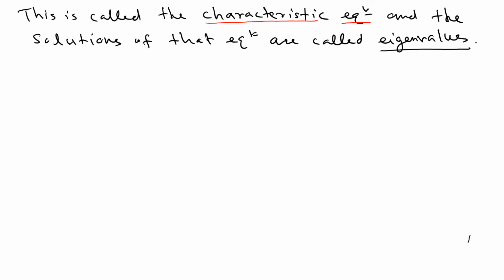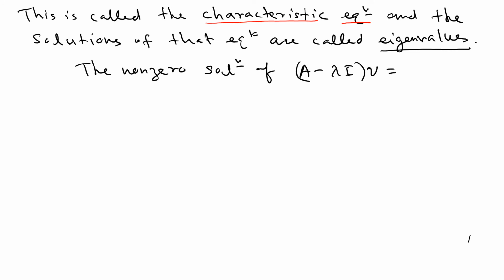So now the next thing is, let's try to find a few of the eigenvalues. And then we also look at the non-zero solutions of (A minus lambda I) v equals 0, because this is just like an Ax equals 0 situation.